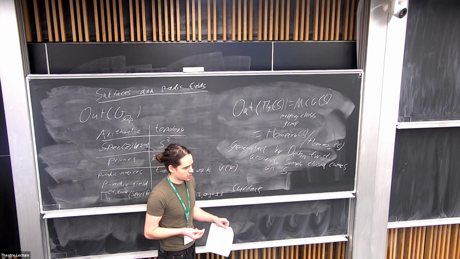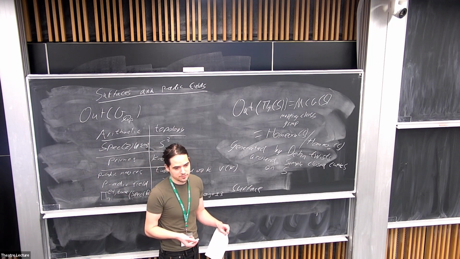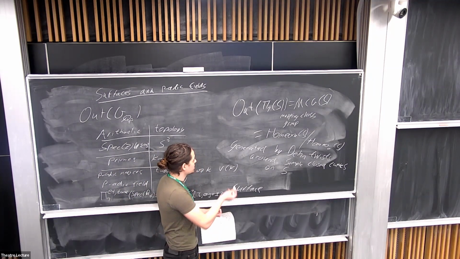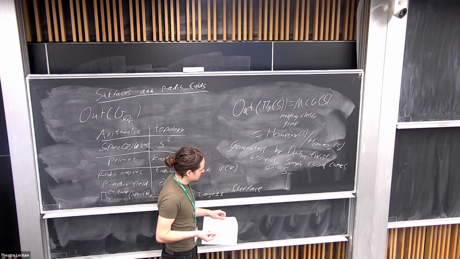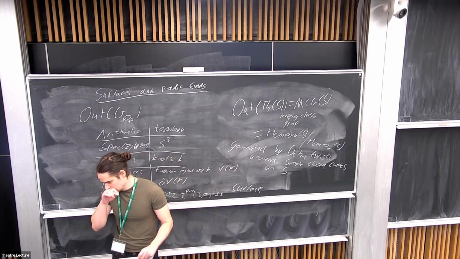But there's still work to check that these Dehn twists are non-trivial in the outer automorphisms, and that they potentially generate, but at least have some of the nice properties that the Dehn twists in the classical setting have.